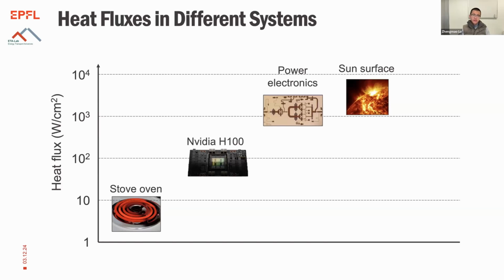For the more commonly seen CPU and GPU chips, those sitting in the data centers, the heat flux dissipation requirement is not as high. It's still pretty high, much higher than the heat flux you would expect from a stove oven, for example. But we have quite a few options to cool those things.